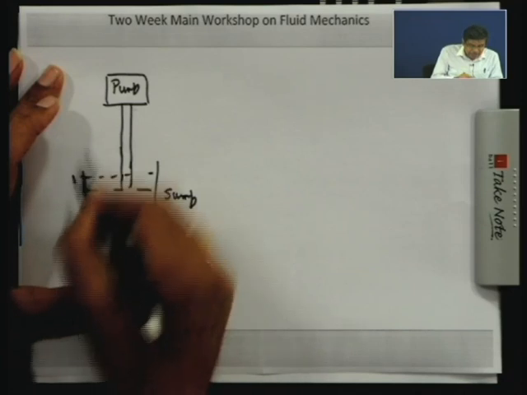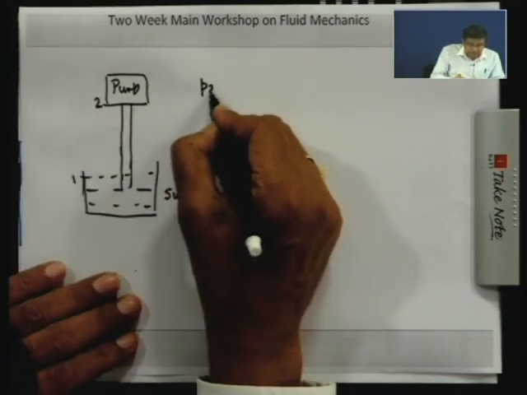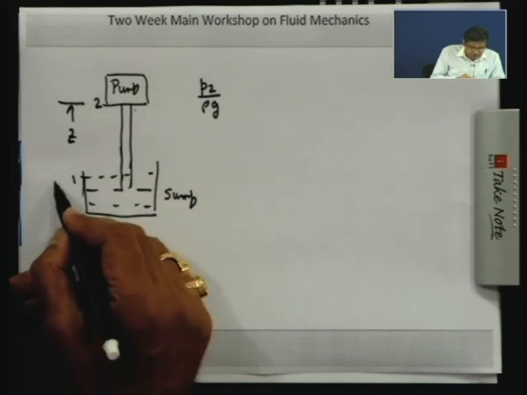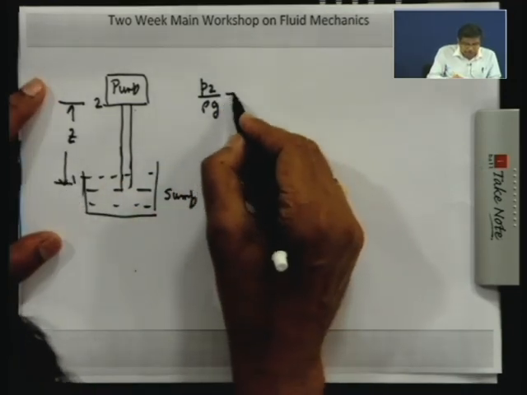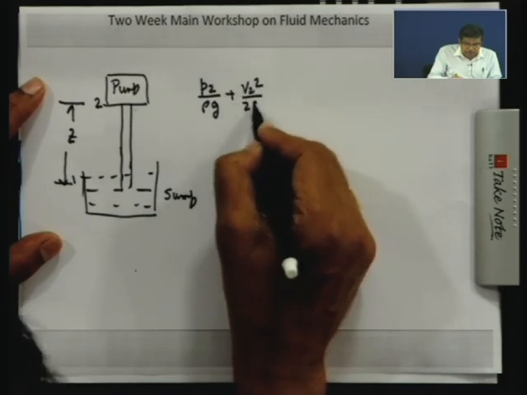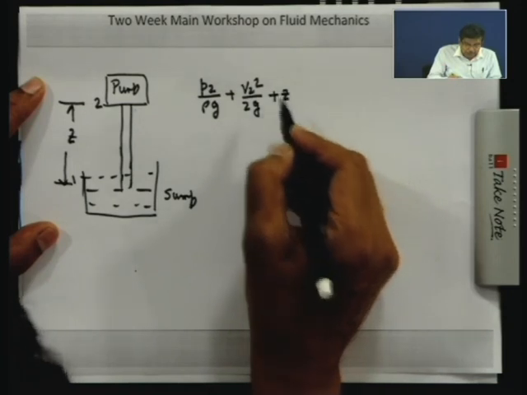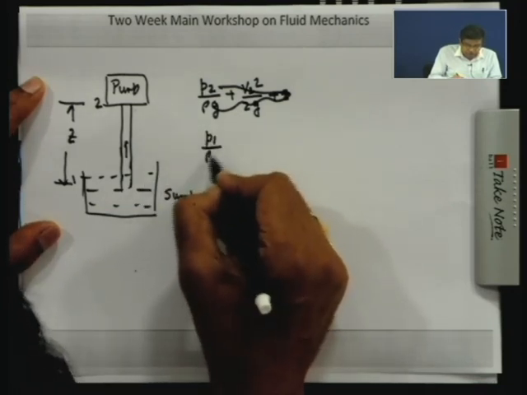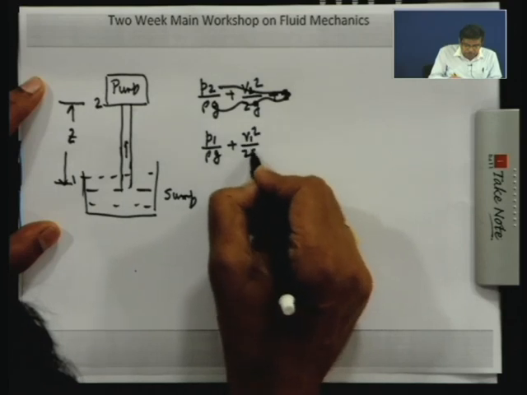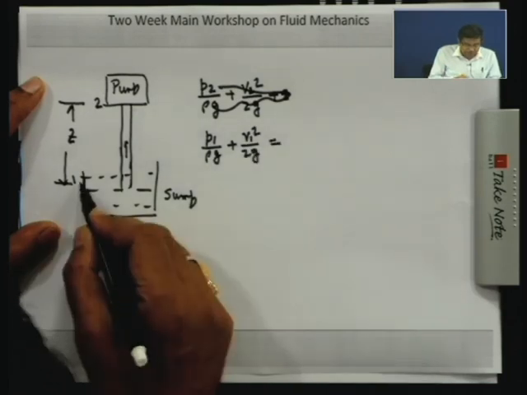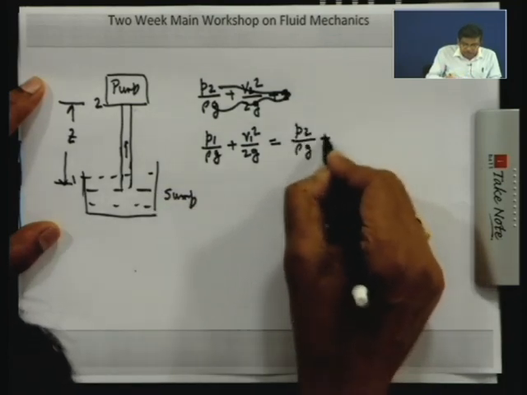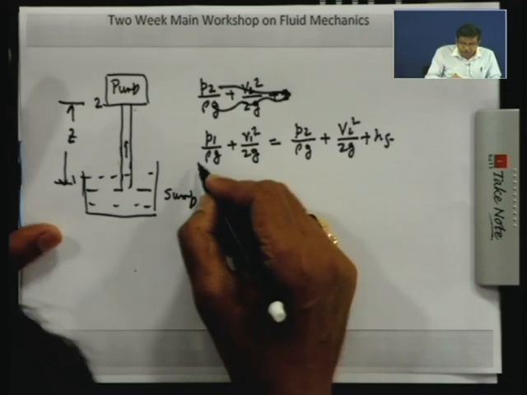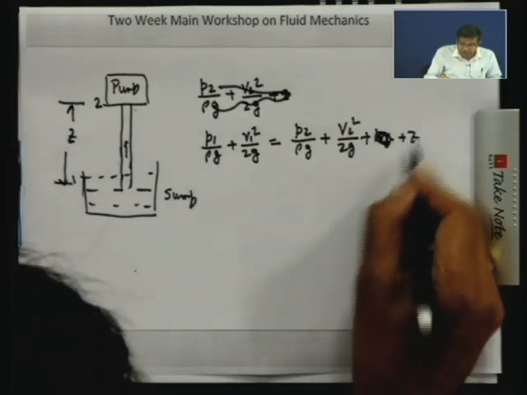Now, if we consider this as 1 and this as 2, the inlet, and the pump is there at some height Z from the level of the sump, then simple Bernoulli's equation, this is the direction of the flow, so it will be better for you: P1 by rho g plus V1 square by 2g is equal to P2 by rho g plus V2 square by 2g plus Z plus the losses in this pipeline, HF.